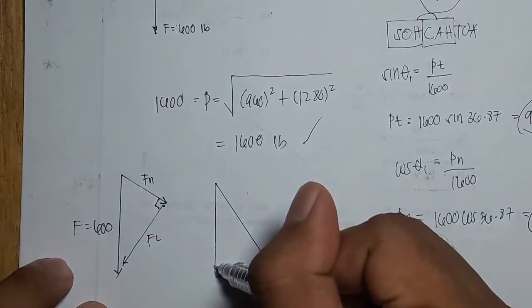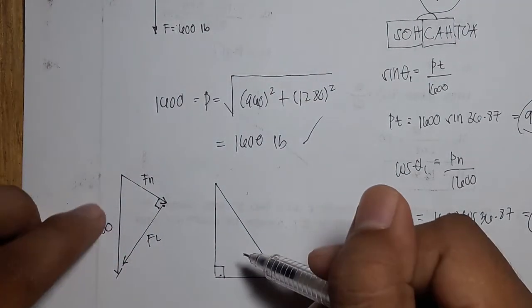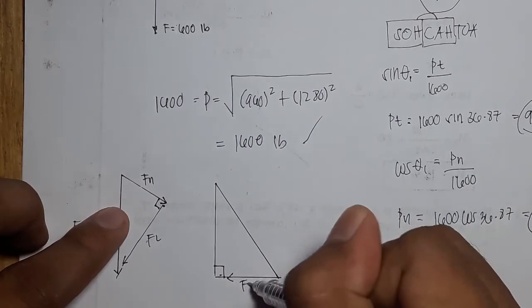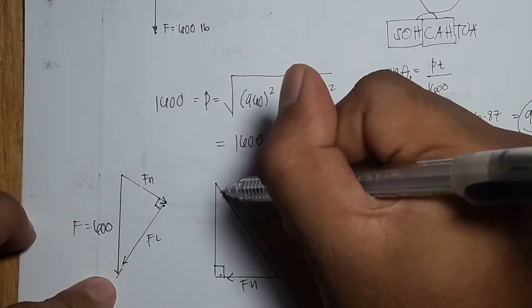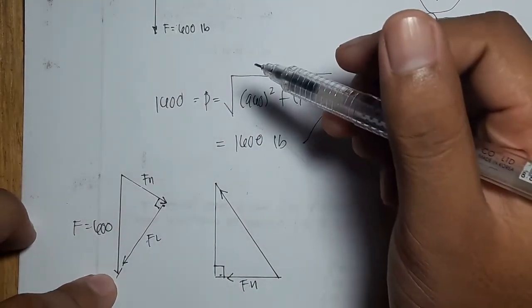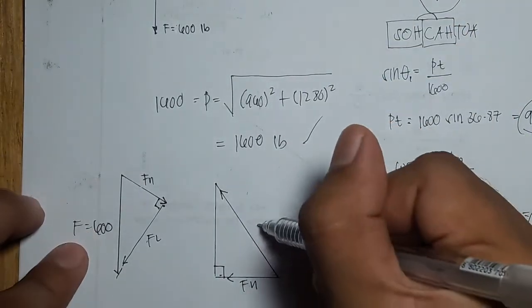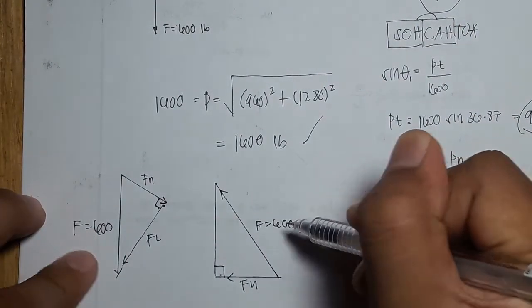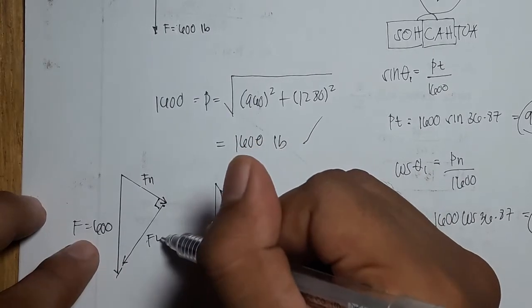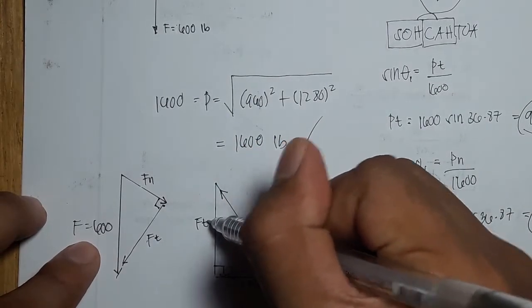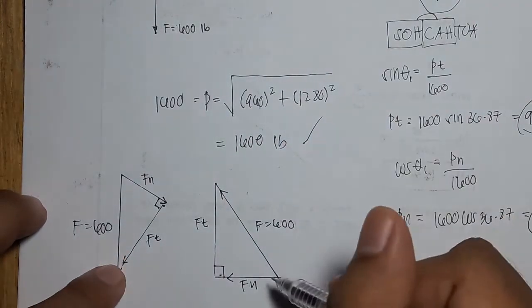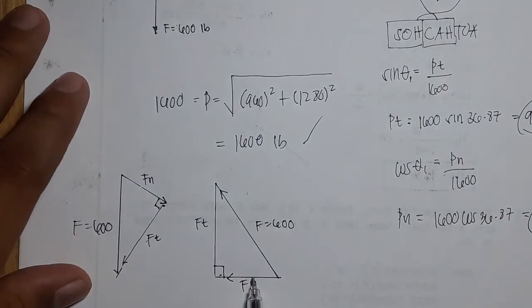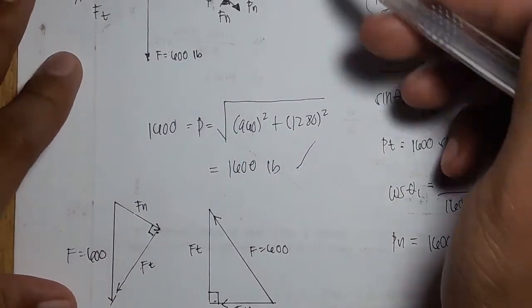So this is 90 degrees, this is FN, this is the F, so 600, and this is the FT, and what is the angle?